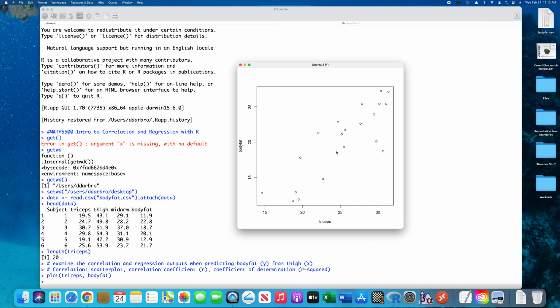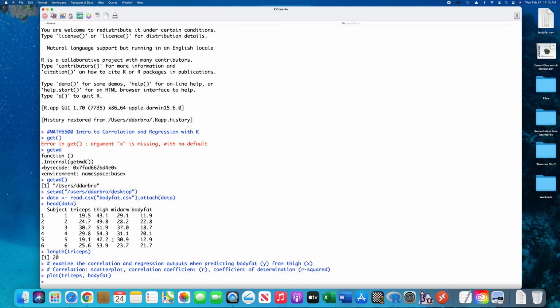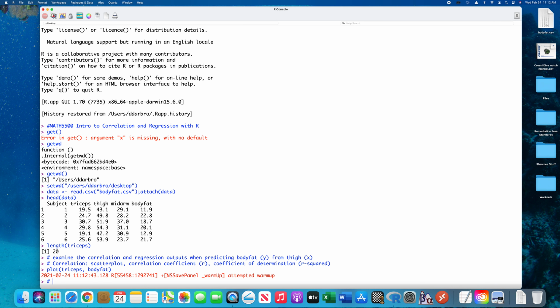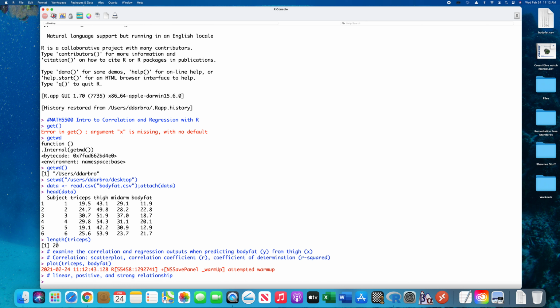As they vary out, fan out even more, we get into a weak relationship. So I would define this, I'm going to close this down, I would define this as a linear, positive, and strong relationship.